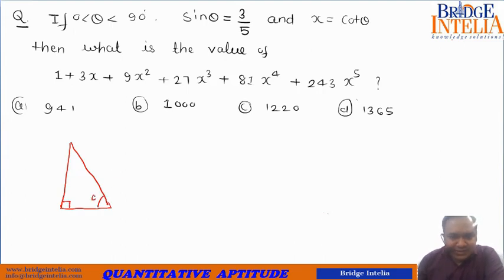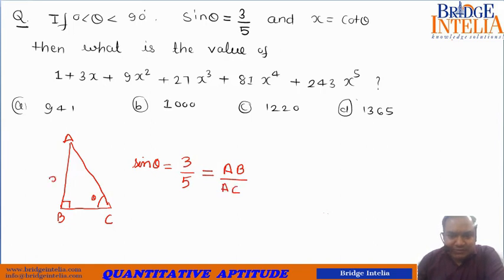It is given to us that sine theta is equal to 3 by 5. So what is sine theta? Sine theta is equal to perpendicular by hypotenuse. If this is A, this is B, and this is C, we can say this is equal to AB upon AC.